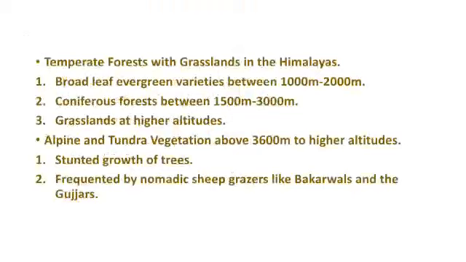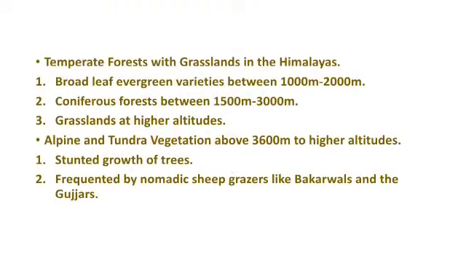The last category we have is the alpine and tundra vegetation above 3600 meters to higher altitudes. Characteristics are stunted growth of trees, frequented by nomadic sheep grazers like the Bakarwals and the Gujars.